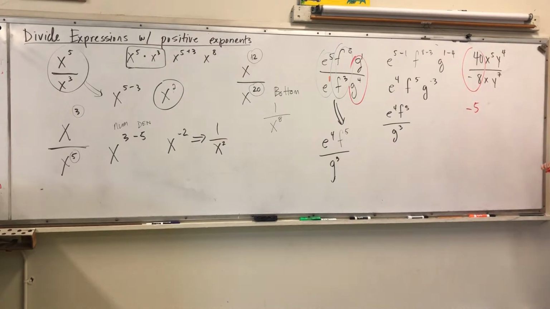So you can just start with that. And again, 5 minus 1, 4, but I do recognize I have 4 more x's on the top. I can write it as such. And then y, 4 minus 7 would give me y to the negative 3. That's when we would put this to the bottom, but I recognize I have 2 more y's on the bottom.